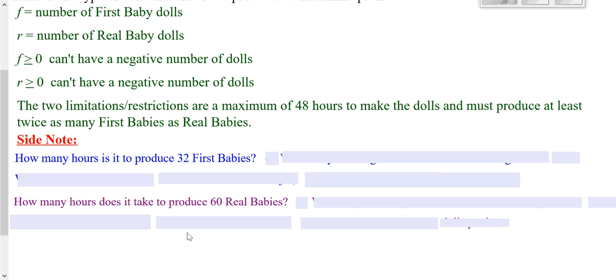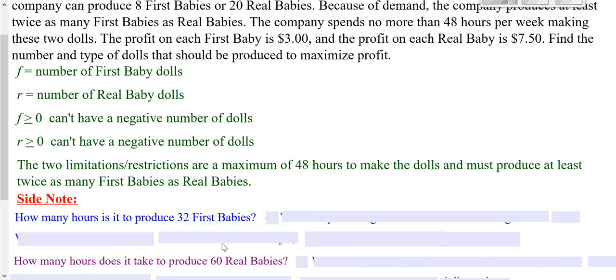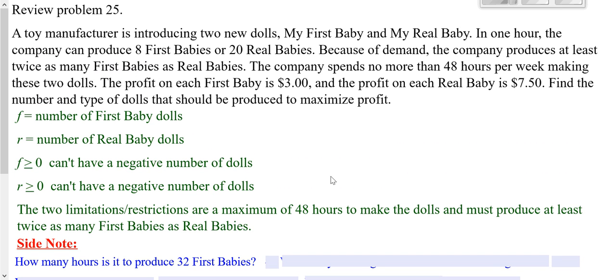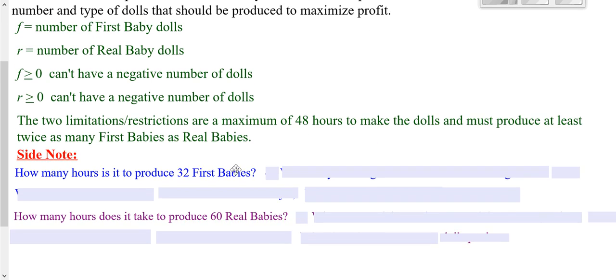So as we're looking at the side note here, how many hours does it take to produce 32 first babies? Up here, for first babies, it's 8 babies for 1 hour. So how many hours would it be for 32? Well, that would be 4.